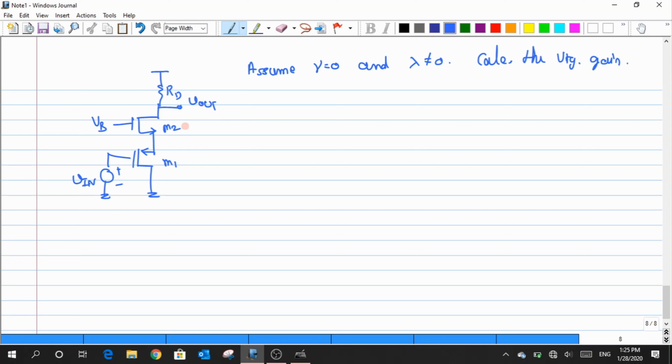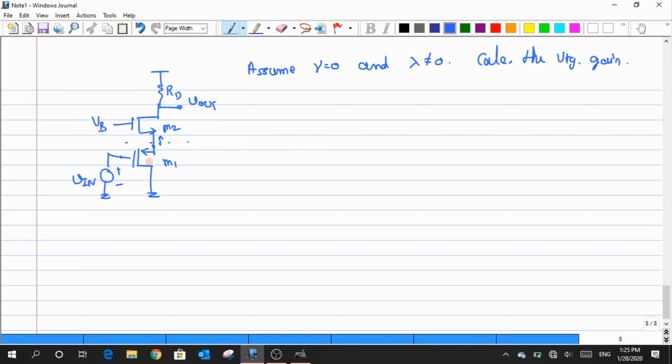Is it a common source or common drain? Common drain, right? Yeah. So it mimics a common drain because the output of this M1 is fed as an input to my M2 transistor. If I clearly see here, the input is here, the output is here. Okay. So now how would we compute this entire expression?